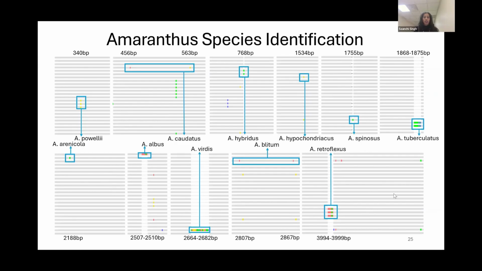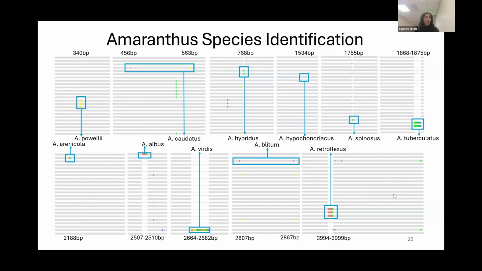I'm showing you a little bit of the alignments here. Out of the 24 samples that we macro-barcoded, which corresponded to 13 different species of Amaranthus, we were able to uniquely identify 11 of the 13. We were unable to distinguish Amaranthus palmeri from Amaranthus watsonii. This is not surprising, as they're sister species and they only have 2 differences across the entire region.